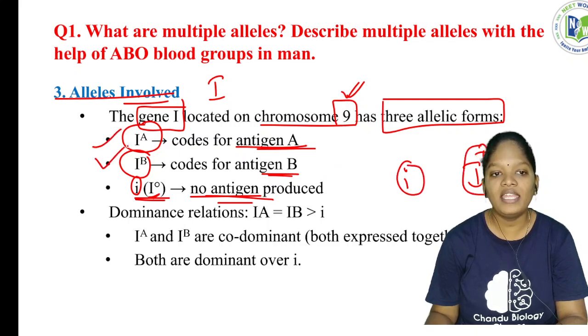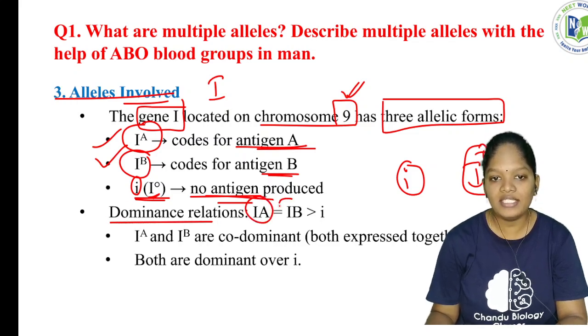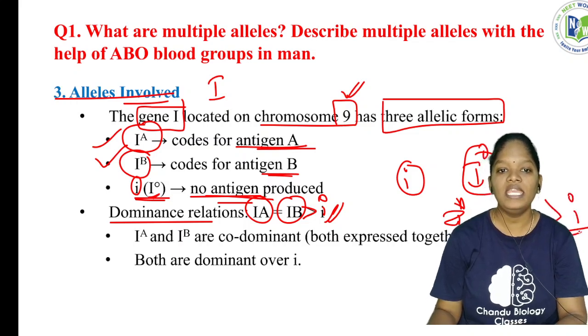IA and IB are the dominant forms, so IA is equal to IB, because both are dominant, and both are greater than i, which is recessive in condition. So this is the equation: IA is equal to IB greater than i.